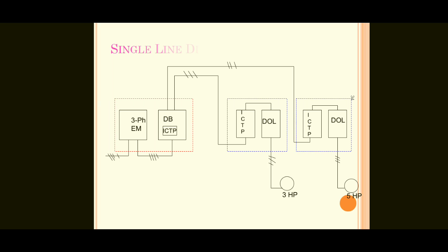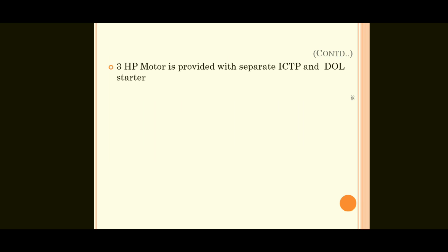Next one, single line diagram. A 3 HP motor is provided with a separate ICTP and DOL starter. DOL means direct online starter.